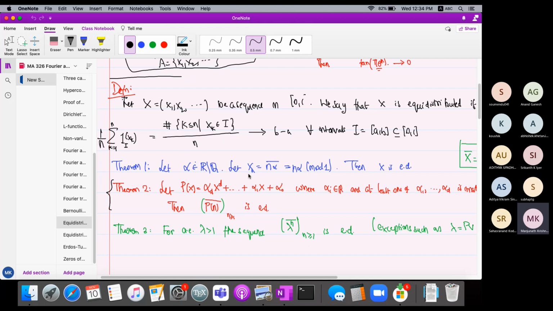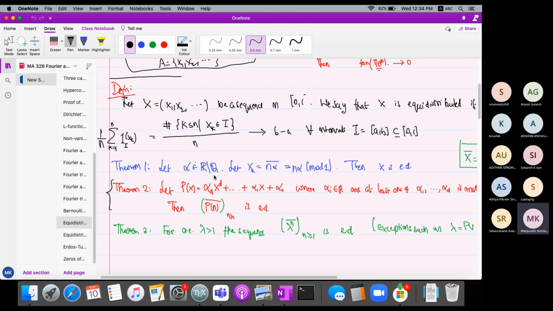Birkhoff's ergodic theorem says that for almost every alpha in the real line, the sequence n alpha is equidistributed. But Weyl's theorem says that for any alpha which is irrational, this is equidistributed. Which is better? This is better because it actually identifies what the problem is.